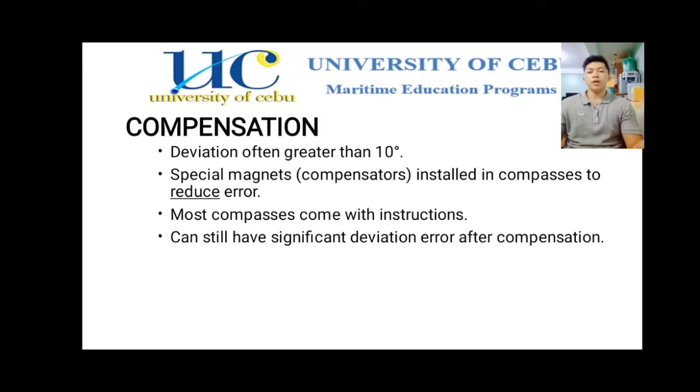Second, repeat the procedure running the boat easterly, and next run the boat southerly, and this time reduce the deviation by half, and run the boat westerly and reduce the deviation by half. In compensating a compass, we always have to take note that upon completing the compensation procedure, it is essential to draw a new deviation table.